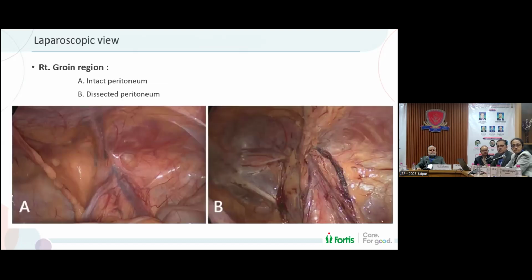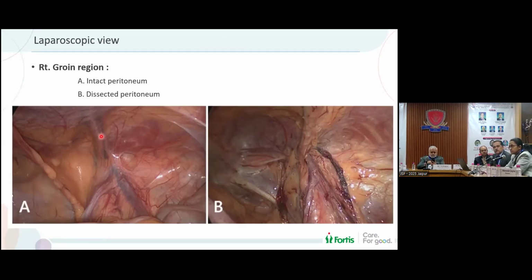And this is the laparoscopic pictorial view. Picture A depicts the intact peritoneum. So this is the first landmark we go into.